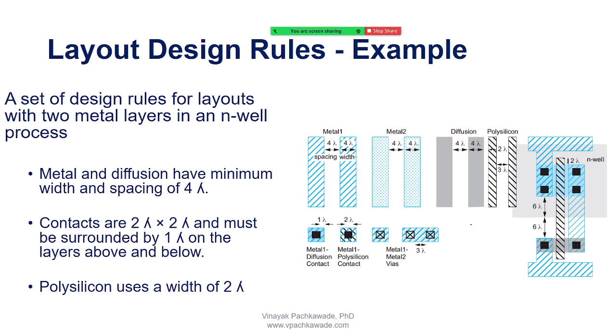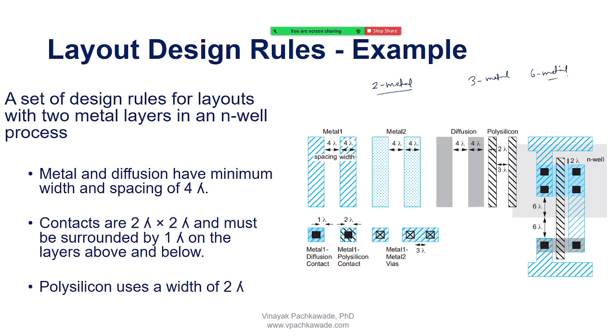So let's see, now we have a set of design rules for the layout, and this particular technology or library process has two metal layers. How many metal layers did we have in the CMOS inverter when we designed it? One. Correct. So I am now explaining a two metal process. I can have a three metal process. I can have a 6 metal process.